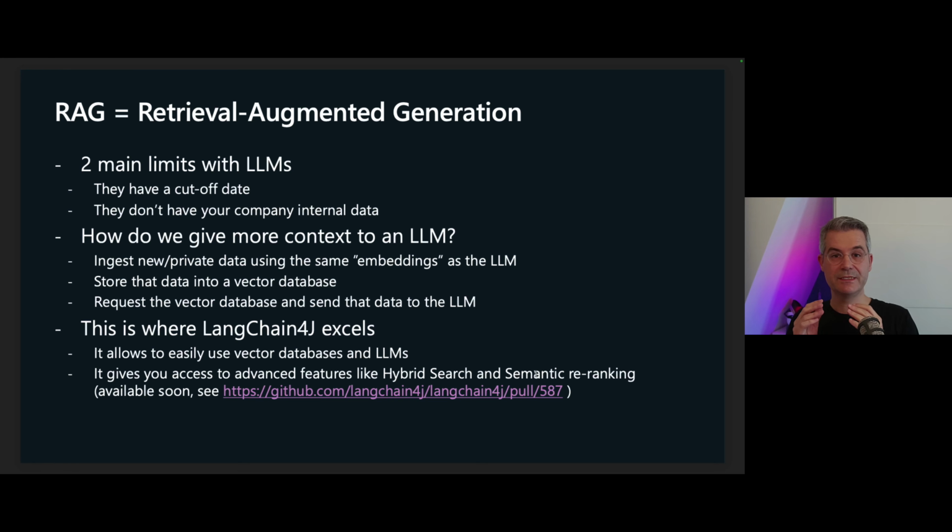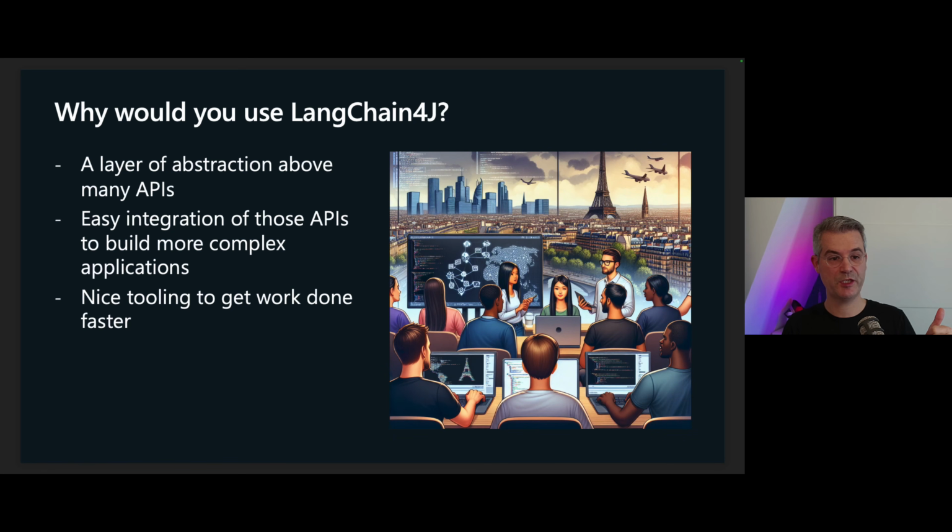So thank you for following this quick introduction to LangChain4j. Again, LangChain4j is a layer of abstraction that you can use to switch between different LLMs. We've seen how easy it is and the different types of LLMs that you could use. It gives you easy integration of those APIs.